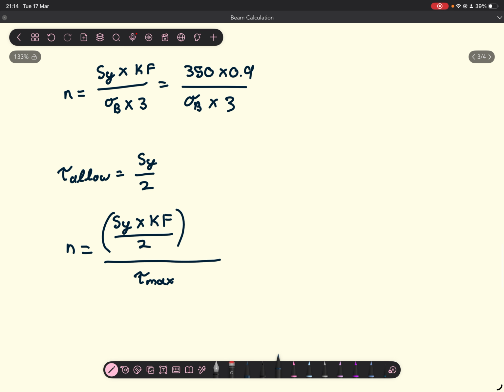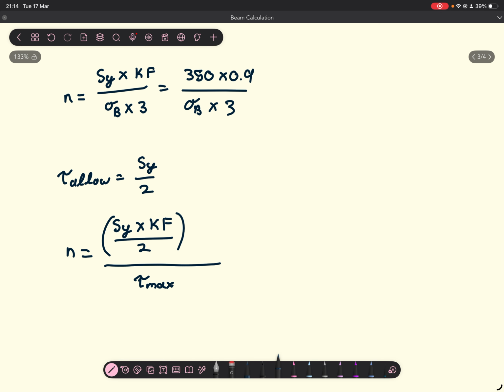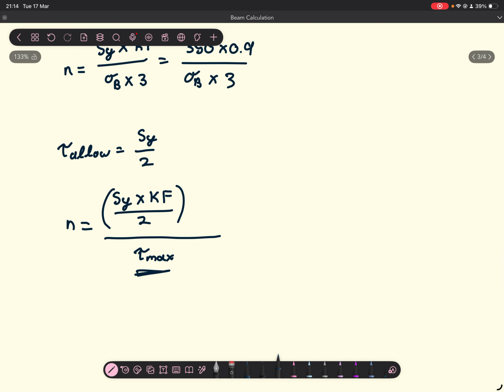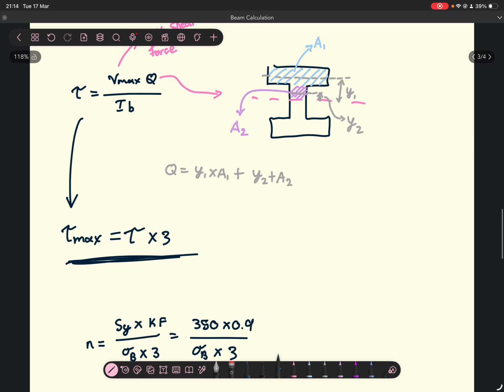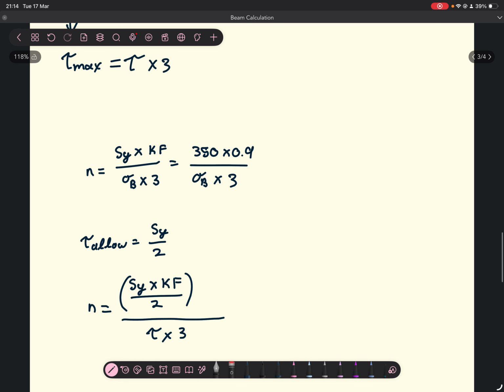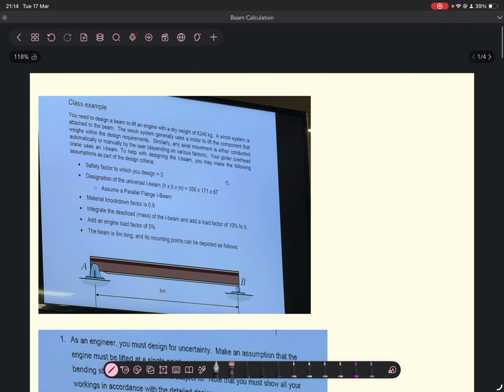Okay, then that will give you the safety factor due to shear. And this tau max is the shear stress that we calculated times the safety factor over here. Okay, I hope that explanation makes sense, and hope this problem makes sense now.